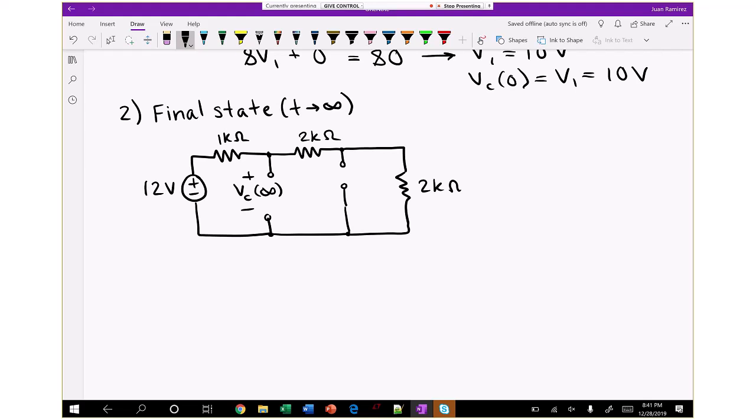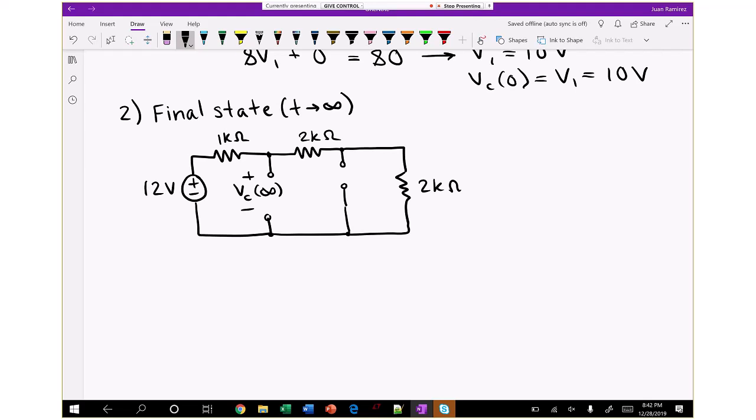You may ask yourself, hey, we're really looking for the voltage across that 2K ohm resistor on the very right. But in fact, the way we find that is we first find the capacitor voltage, and once you have that voltage, then you use circuit analysis to find any other voltage, essentially.